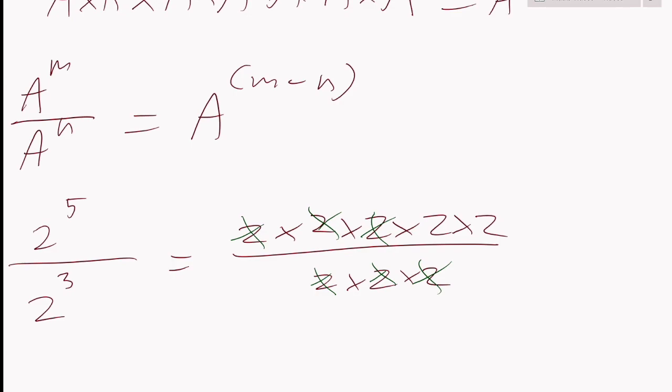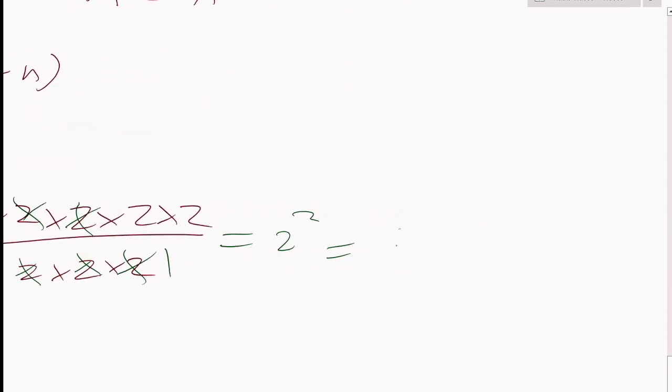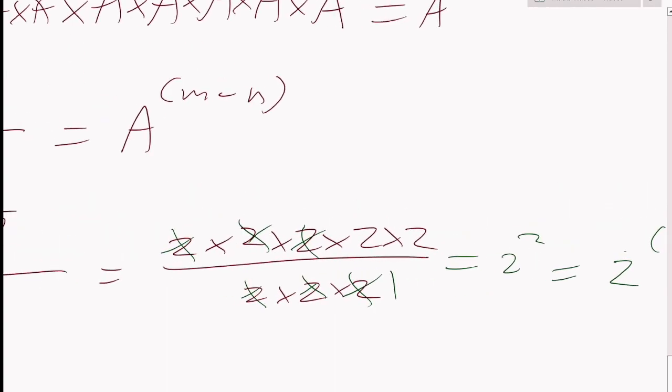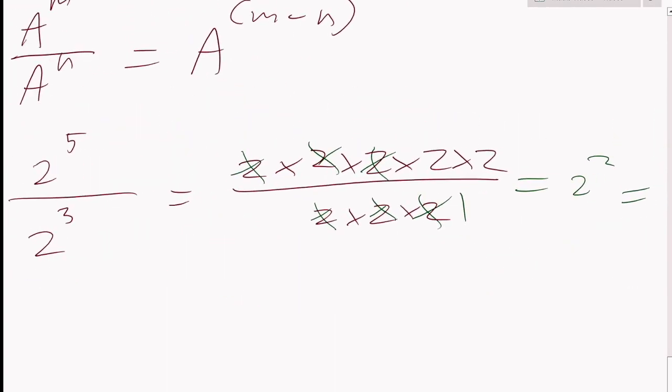We have to keep something on the bottom because we can't divide by 0. It would be 1 because you're effectively dividing by the 2's. And we know that anything divided by itself is 1. So you get 2 times 2 over 1, which, as we know, is 2 squared, which we can see is 2 to the 5 minus 3. And again, that will work for any base. If you have a to the 5 over a to the 3, you will get a squared at the end.